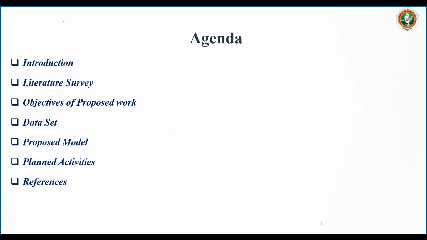So here I have mentioned it as agenda: the agenda of today's session, or of that particular DC meeting session, what things you are going to explain. That is what you need to mention in the third slide. I have mentioned introduction, literature survey, objectives, data set, proposed model, planned activities, and references, and I will take you through each one in the upcoming slides.